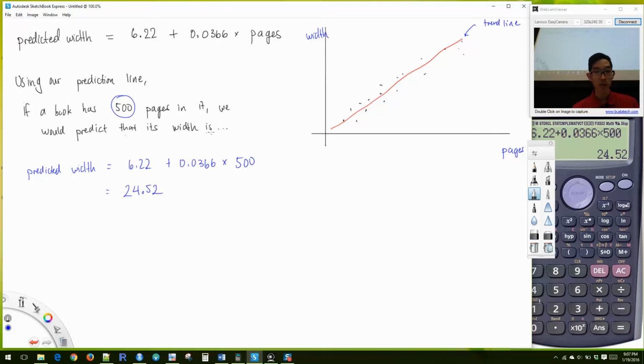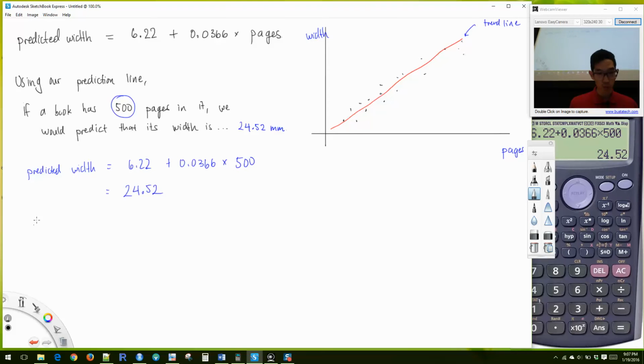We predict that its width is 24.52 millimeters. I don't know if that's actually the case. All right, this is our prediction. The book will not necessarily be this exact width, but based on the data that we have and the trend line that exists, for a 500-page book, we predict that it would be 24.52.